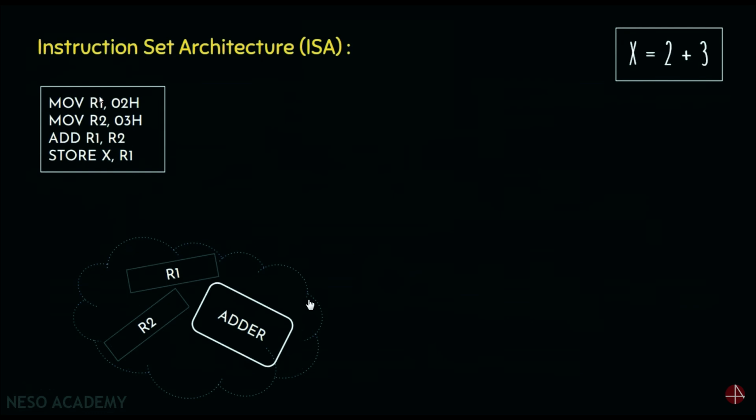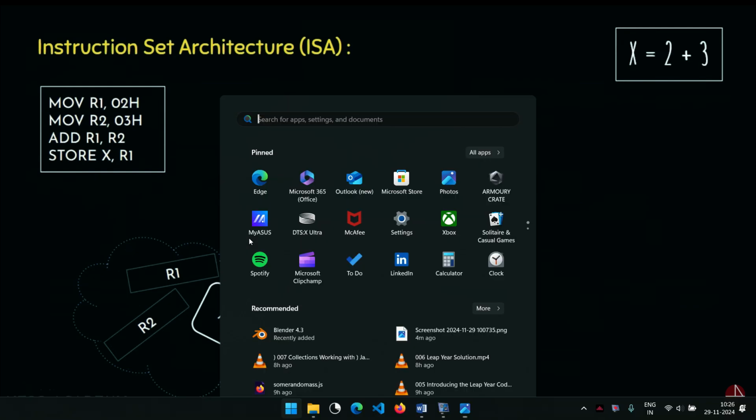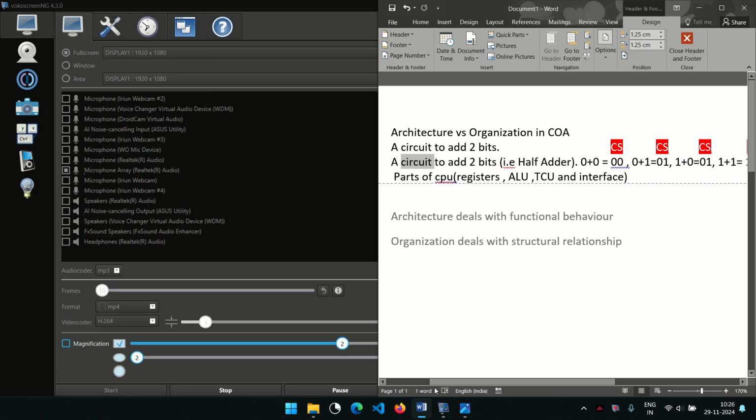So one can say, okay, there is one R1 used and an R2, memory used, registers used, and there is one adder used, and that's how we will implement this. Basically, architecture and organization influence each other.